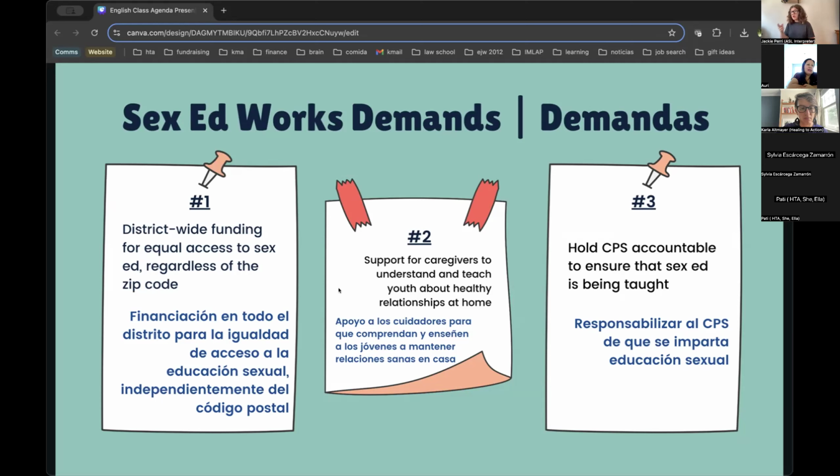So we have joined young people and educators because it is not only about having access to comprehensive sex ed, it is about making sure that all of us have the tools to give consent, to feel safe in our own bodies and communities, and to have healthy relationships. It is about ending gender-based violence for the next generation.